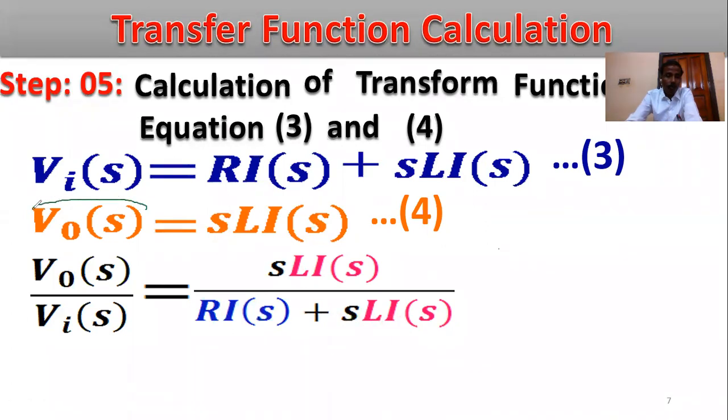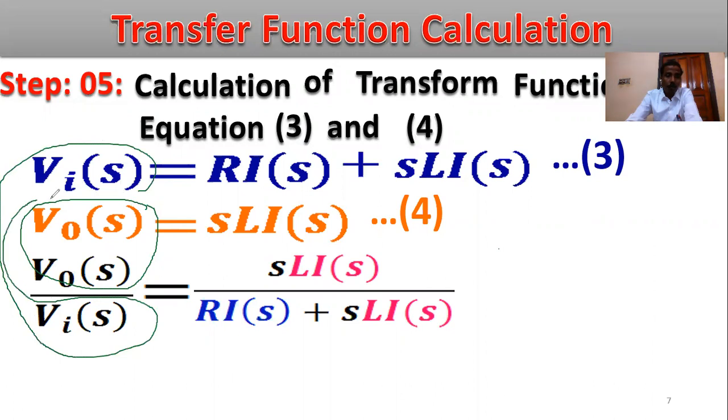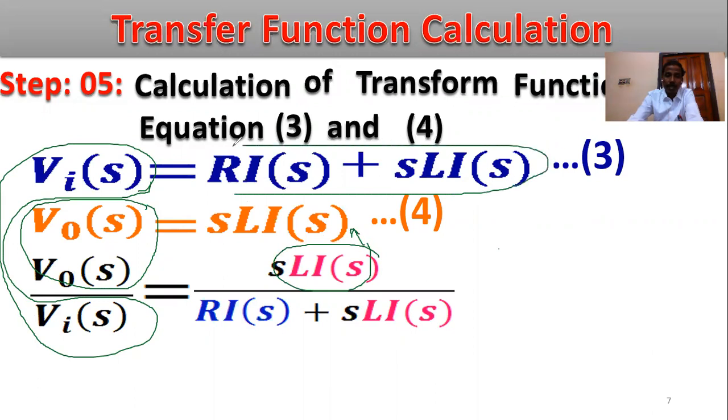This is the output voltage, and this part is the input voltage. So the ratio is output divided by input, and obviously all the initial conditions are zeros. This is the output part, and this section, the input part, is the denominator part.